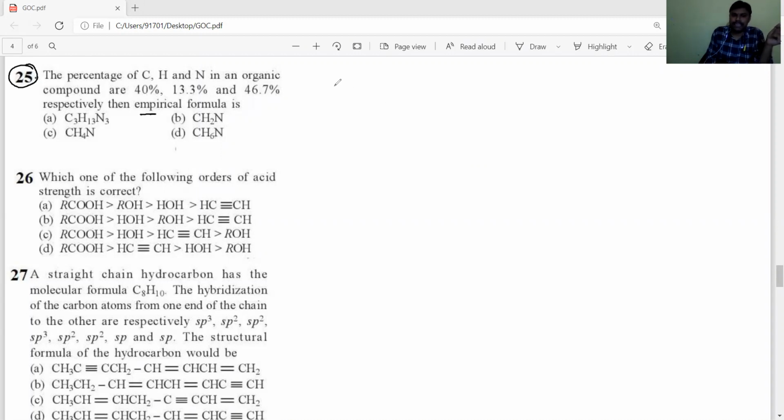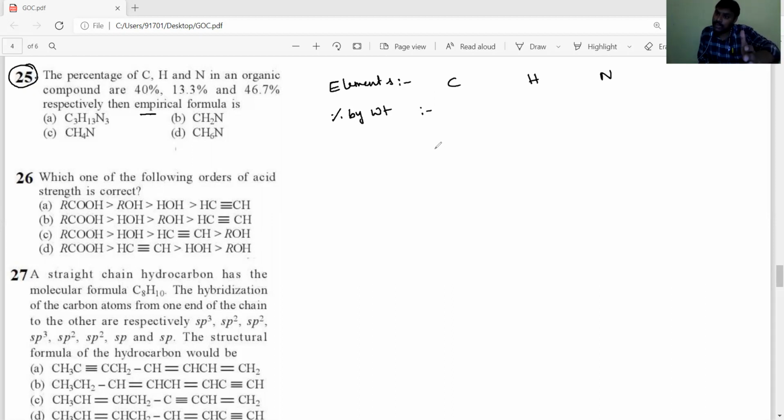Given the percentages, you have to write first. Before writing the percentages, you have to write the given elements. What are the elements they gave, dear students? Carbon, hydrogen, and nitrogen, and the given percentage by weight.